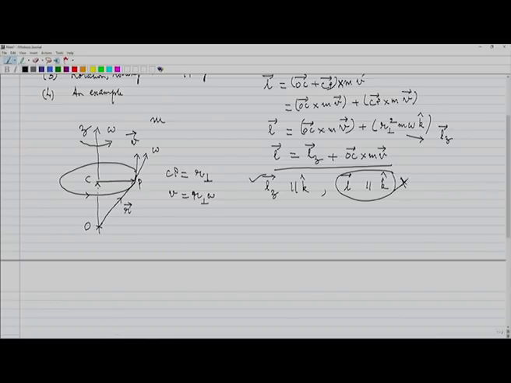In general, the orbital angular momentum is not along the axis of rotation. L and omega need not be parallel in general.